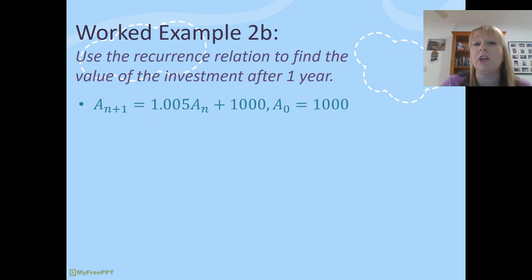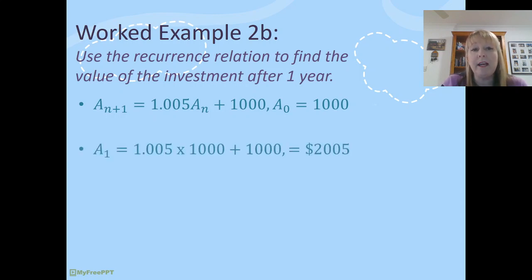Now we have to use this recurrence relation to find the value of the investment after 1 year. Now remember, we're talking about compounding quarterly, so we've got to use this recurrence relation 4 times to get ourselves to a future value after 1 year. So firstly, I'm going to do it for A1. I'm simply going to multiply my $1,000 by the value of R, 1.005, and then add 1,000, and I end up with a future value of 2,005.